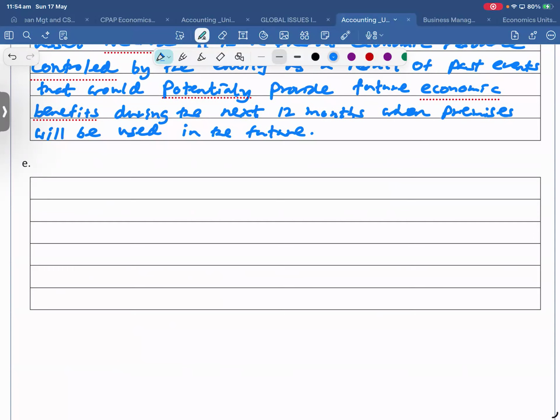The errors that are not revealed by the trial balance, like errors of omission and errors of commission. Commission does not mean commission revenue. That means we recorded in the wrong ledger account. Or we have swapped the debit and credit entries, or a wrong amount has been recorded in both ledger accounts. So we'll write the answer for this.